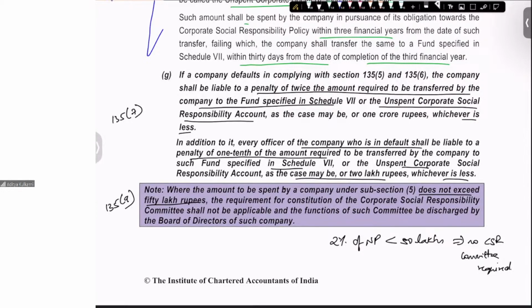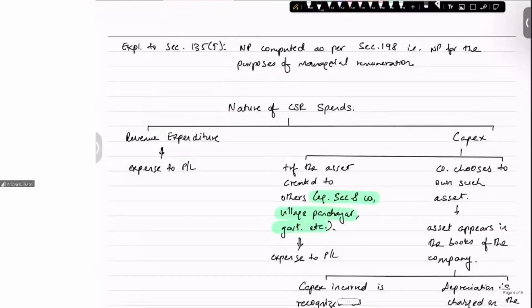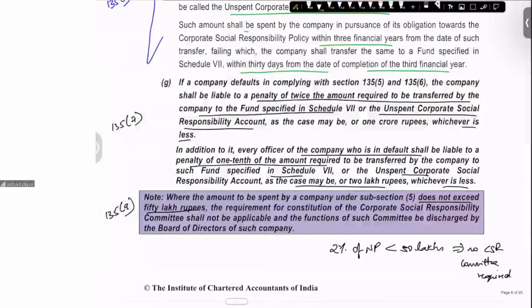The explanation to 135(5) tells us that the net profit for these purposes will mean the net profit as computed for the purposes of managerial remuneration. That means net profit as per section 198. Okay. So that is the explanation to 135(5).